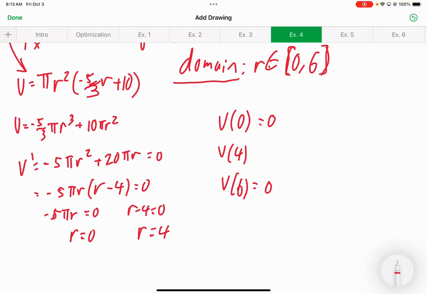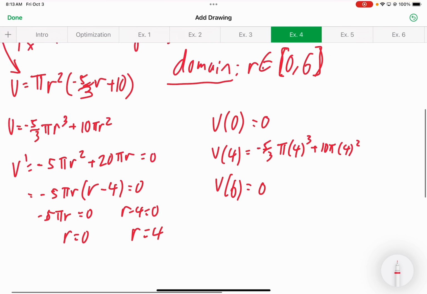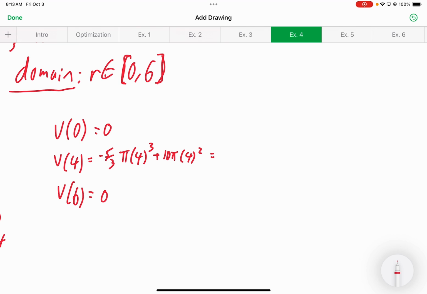All right, so then when I plug in 4, I would have negative 5/3 pi times 4 cubed plus 10 pi times 4 squared. All right, so 4 cubed is going to give me 64. And then multiplied by 5. So 3 doesn't go into either one of those. So 64 times 5 is going to give me 320. Yep, so negative 320 pi over 3.